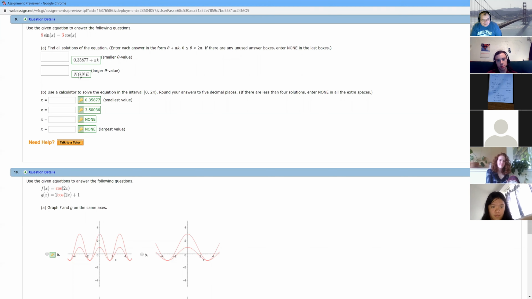You don't need this guy because all the answers are included in the first one. Gotcha. Okay. So that was the reason. For sines and cosines, you will use both, right? But for a tangent, it's not uncommon that only one of them is necessary, because when you add the period, you get all the other guys anyway.